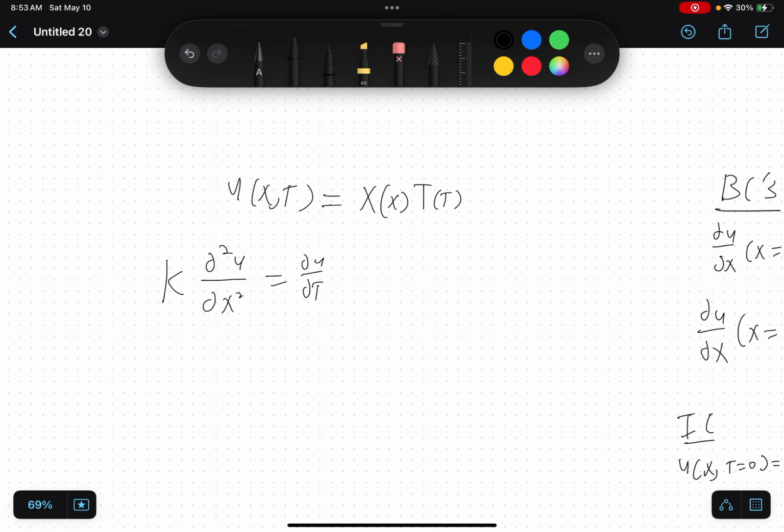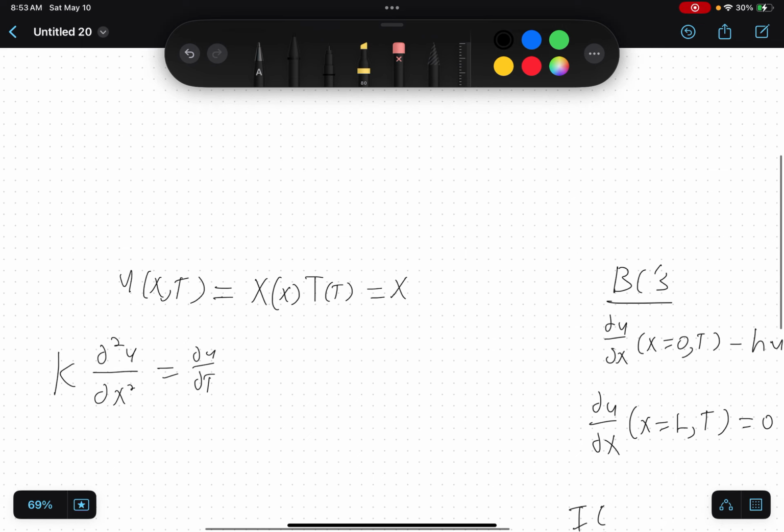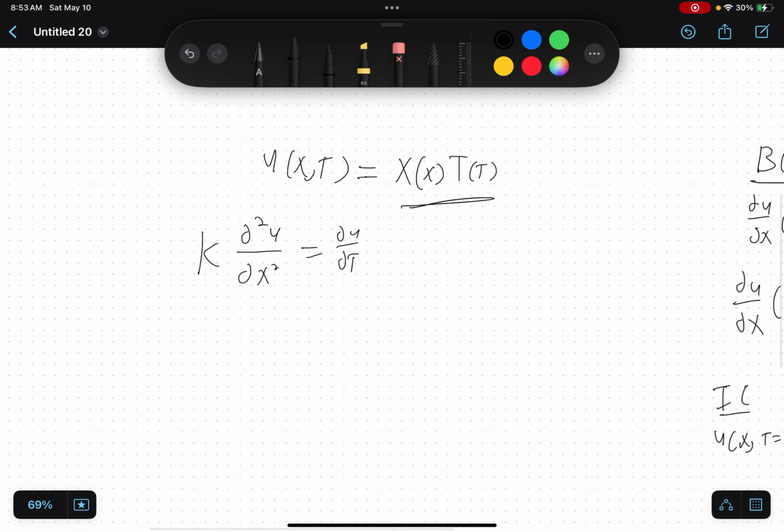I'm sure there's a good reason why we do this instead of x plus t, but off the top of my head I can't think of it. I probably knew it at some point, but I don't know it anymore. But you write it like this.